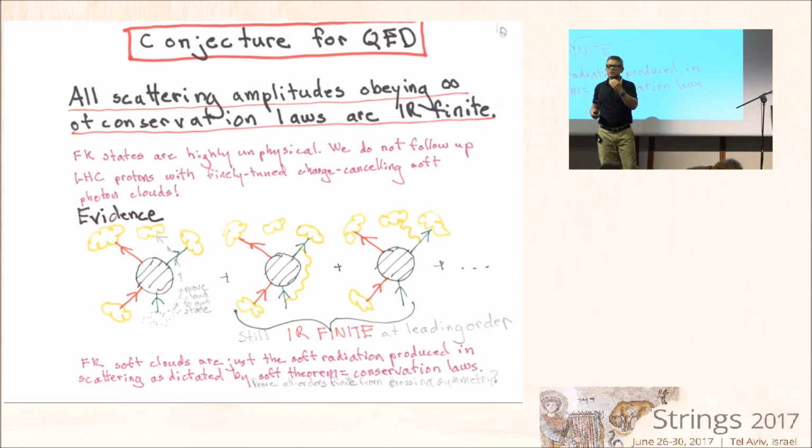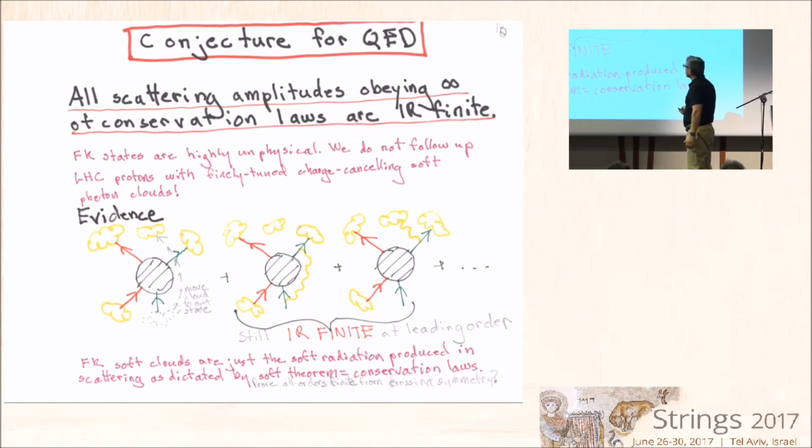What Faddeev and Kulish effectively did is they used the advanced potential to find the radiative modes for all incoming things and the retarded ones for the outgoing things. So the conjecture is that if you just use the retarded one, which is the more physical one, for ingoing and outgoing, the infrared divergences will cancel.